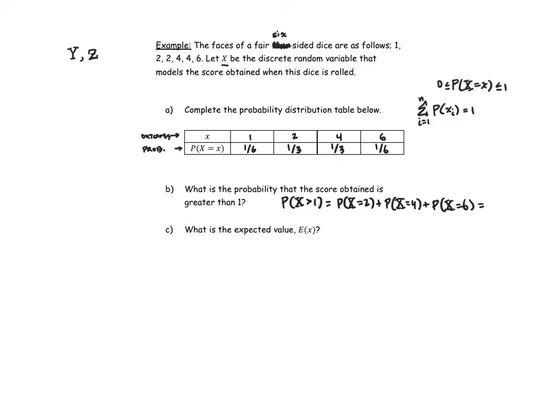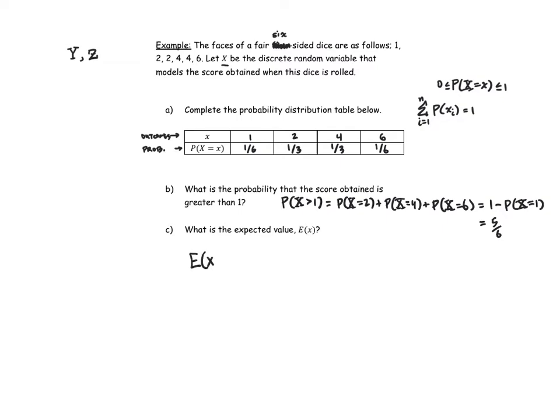Now I could go about adding all those, or I could take 1 minus the probability that the score obtained equaled 1, which in this case would give us 5/6. So there's a 5 out of 6 chance, or 83% chance, that our score obtained would be greater than 1.